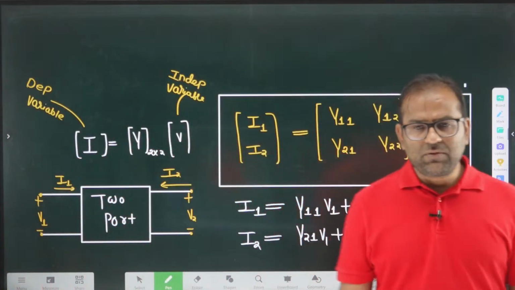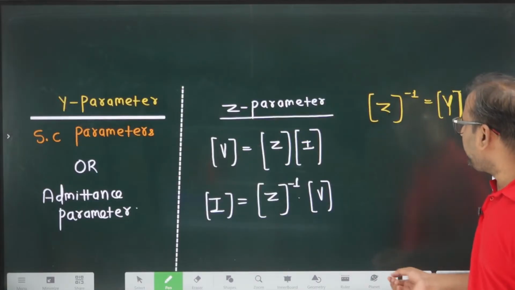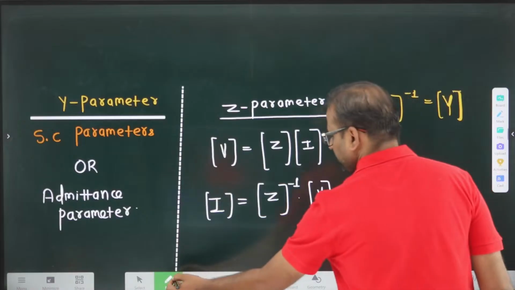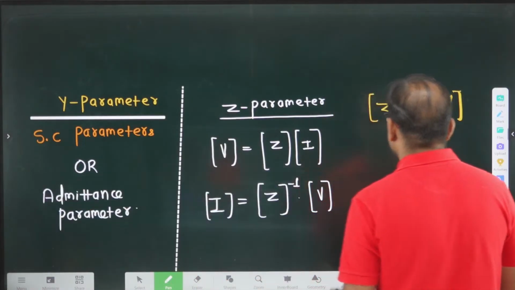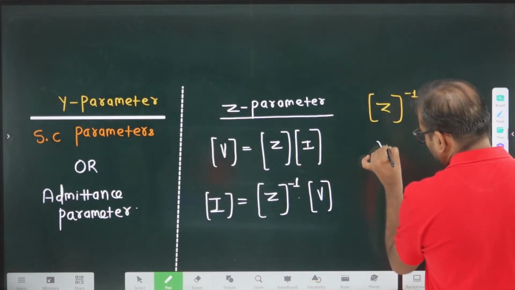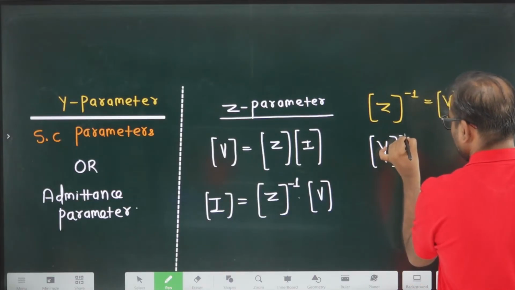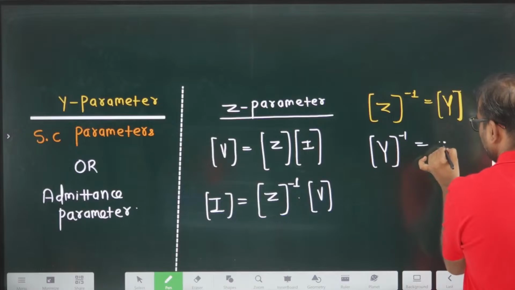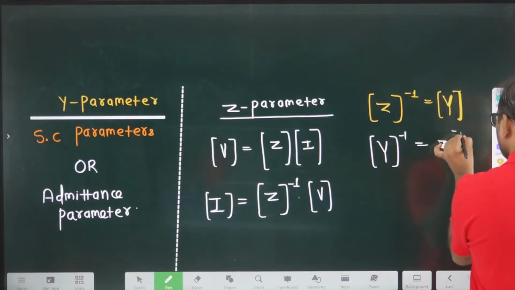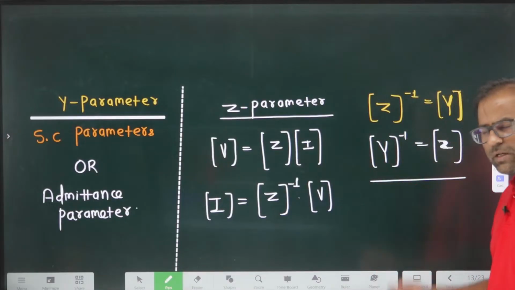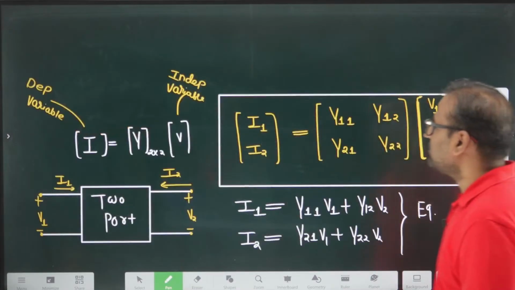Now we have seen one more thing. The inverse of Z is equivalent to Y, and the inverse of Y is equivalent to Z, both are true, if the parameters exist. So let's calculate this.